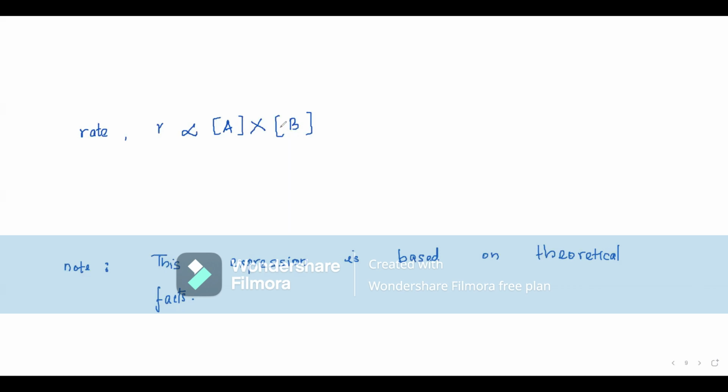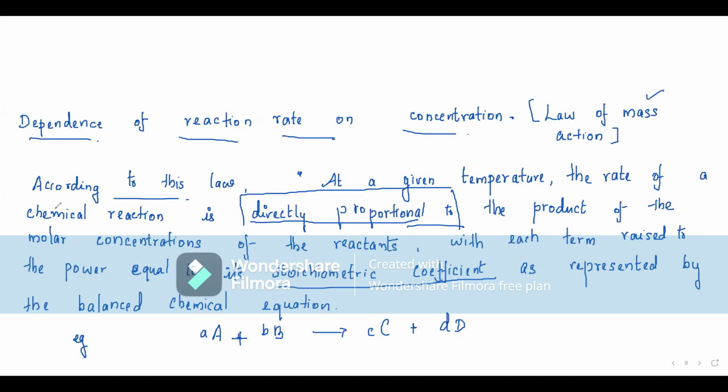Each term raised to the power of the respective stoichiometric coefficient. How many moles of A had I taken? a moles of A. And how many moles of B? b moles of B. So, this is what law of mass action says.